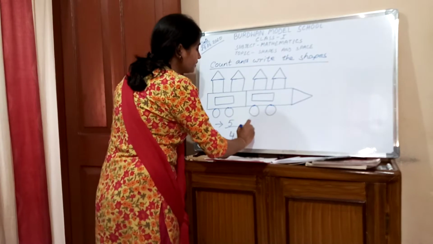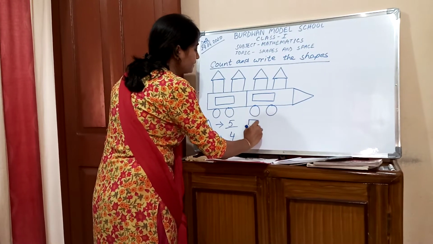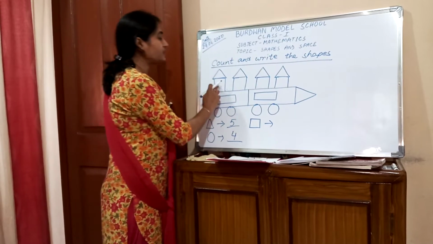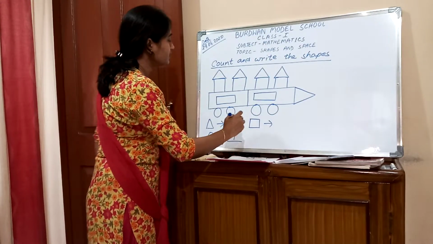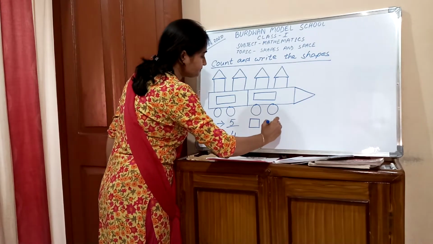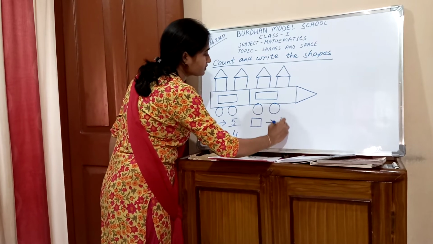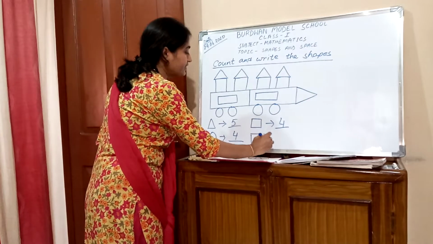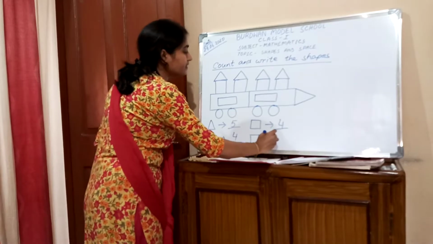How many squares are there in this figure? 1, 2, 3, 4. There are 4 squares. And now, how many rectangles are there in this figure?